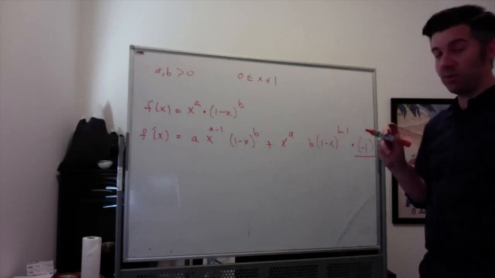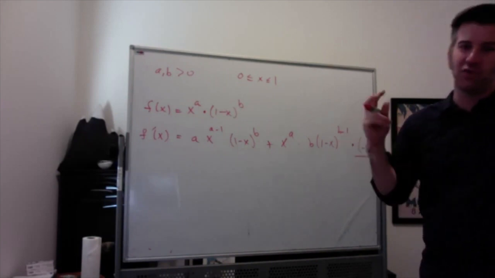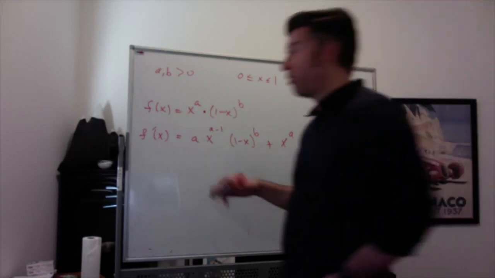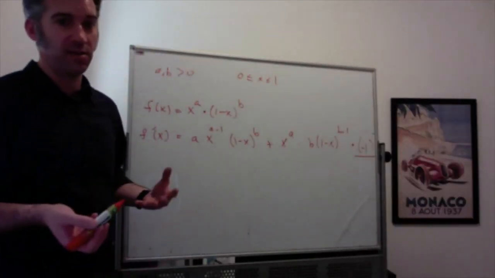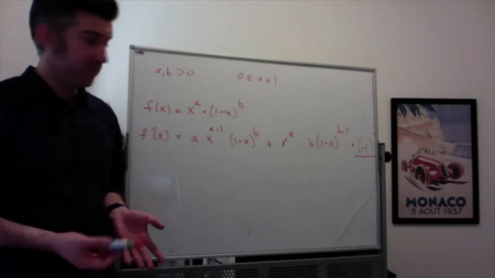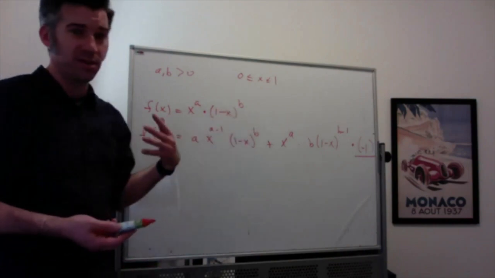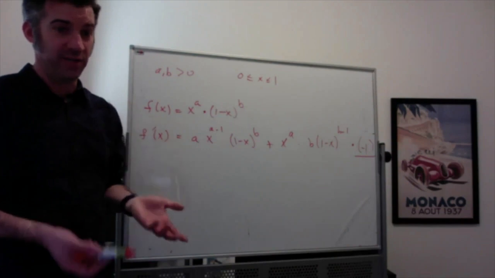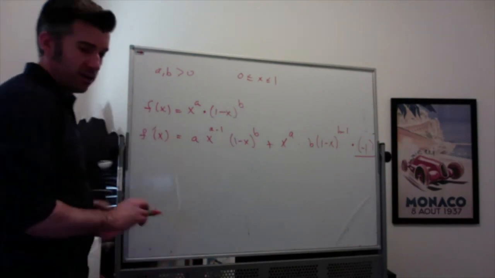Now the process here is just like any other time you're trying to find a critical value: you really have to factor. Solving this equal to 0 requires as much factoring as possible.